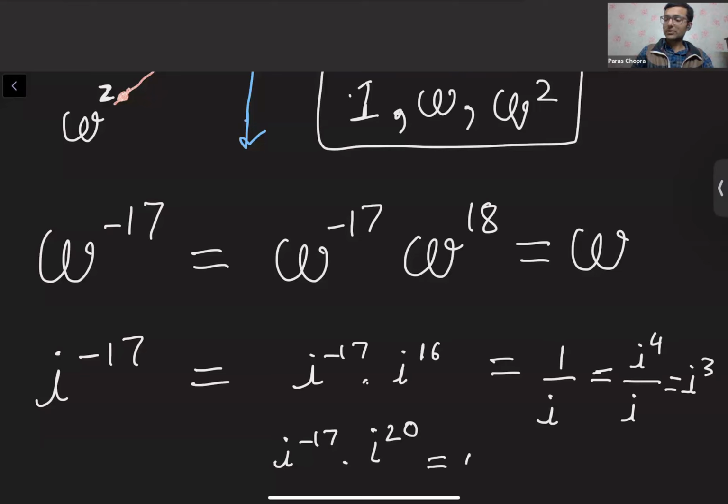So you would have got iota cube, which is also equal to negative iota. So ये सब आपको बस प्ले अराउंड करना है चीजों से, and you will get the correct answer. So एक बार इनको दोबारा से देख लेना.